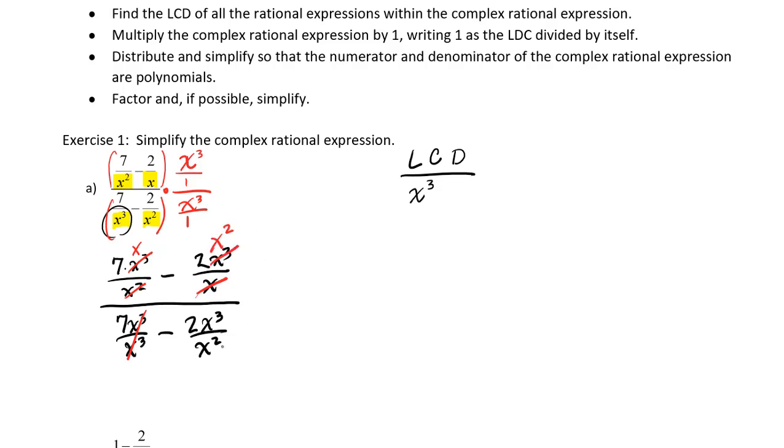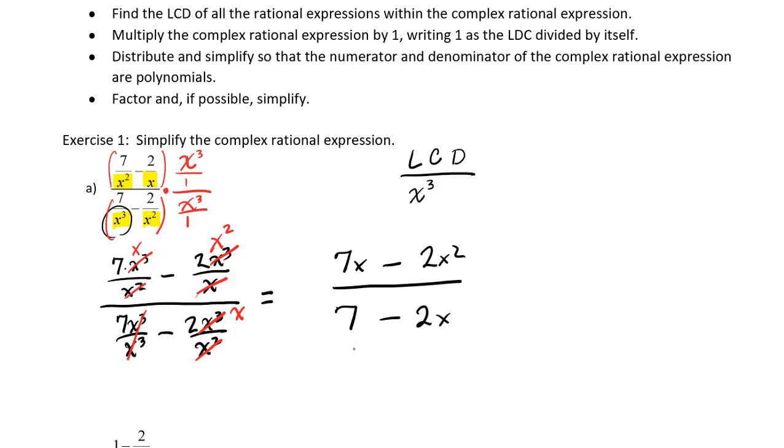The 2 as well will stay. And then x cubed divided by x squared in the last term in the denominator. The 2 will just stay, it doesn't reduce, but the x cubed and the x squared reduce, and I'm just left with an x. Now I'm going to rewrite this. 7x minus 2x squared all over 7 minus 2x.